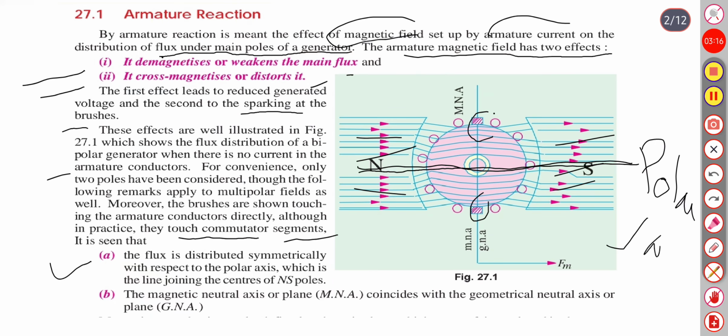The magnetic neutral axis, MNA, coincides with the geometrical neutral axis or plane. So this is MNA, the magnetic neutral axis, and this is GNA, called the geometrical neutral axis, shown like this.